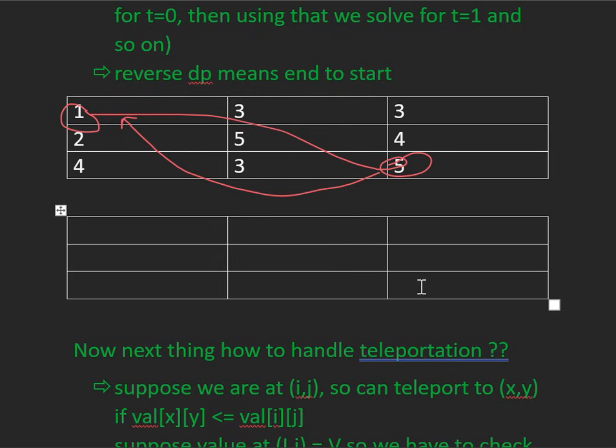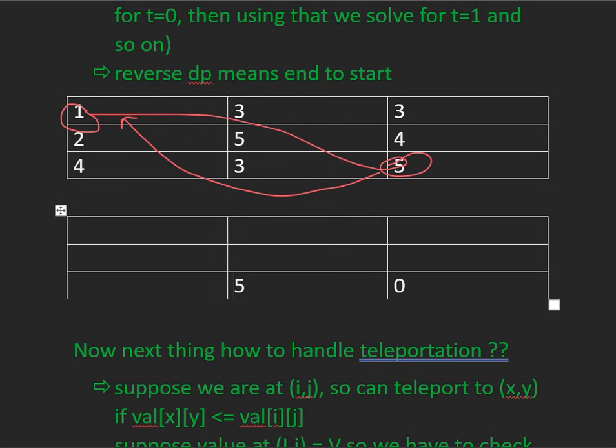If we have to reach from 5 to 5, the distance is 0. Then if we come to this cell, that is 3, we can go to the right, and there is no down. For going to the right, the value is the value of the destination cell, that is 5.